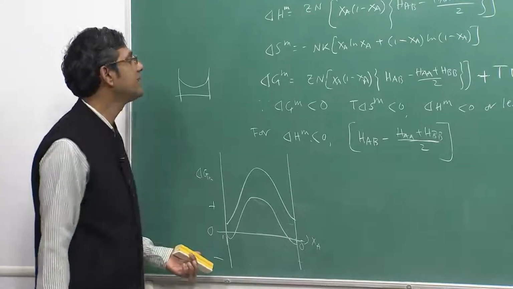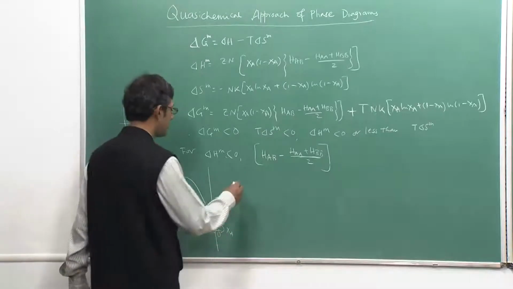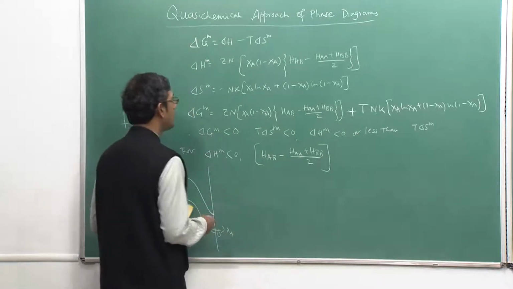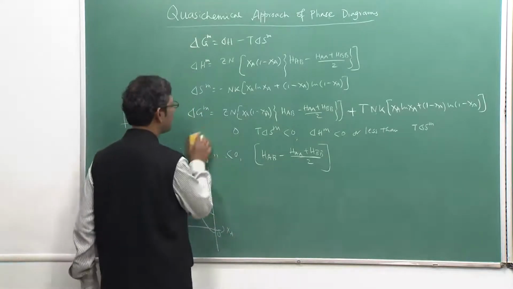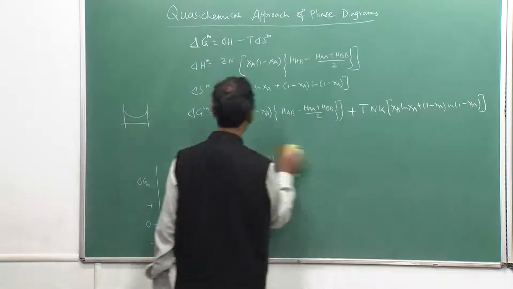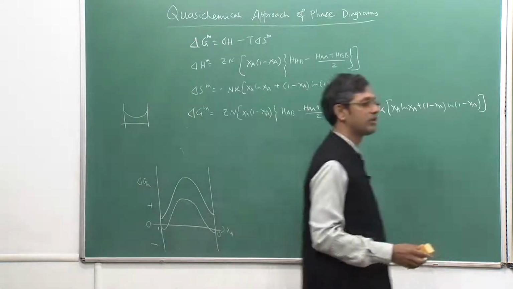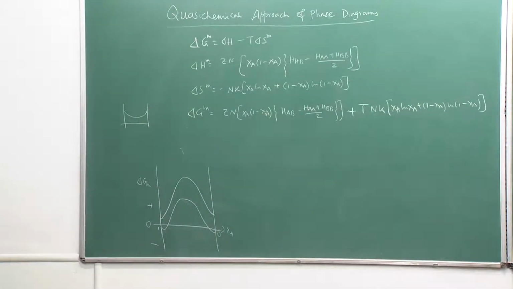To explain it in mathematical terms, let us write down this particular equation in a nicer manner, delta Gm. Let me see how we can write it down.